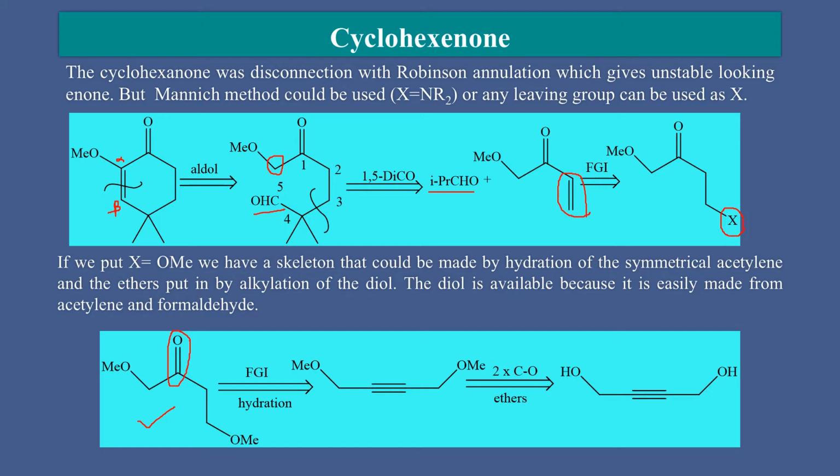So by using FGI and hydration, this triple bond is inserted here, and this diether can be obtained from alcohol. When a carbon-oxygen bond is disconnected, this diol is obtained. This diol can be easily prepared from acetylene and two molecules of formaldehyde.